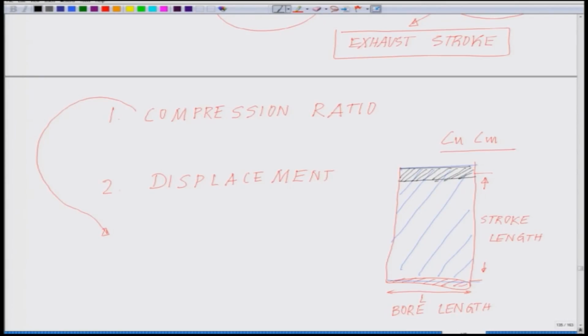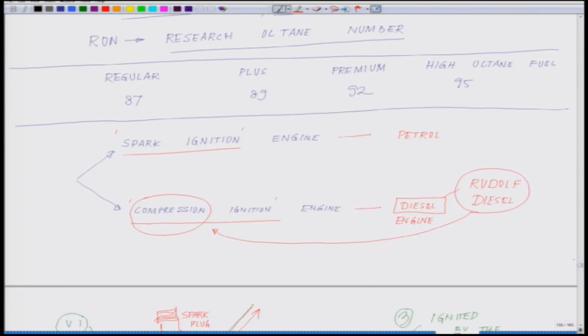That decides the compression ratio, and this is very, very important for you to understand, because based on that we will be defining the features of the octane. So, this is one of the two we talked about. This is the spark ignition engine, the most simplistic way you can understand spark ignition.